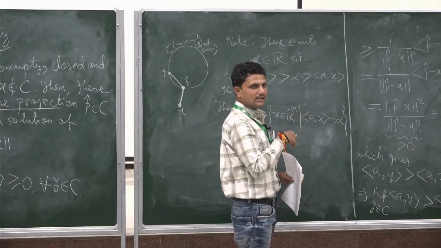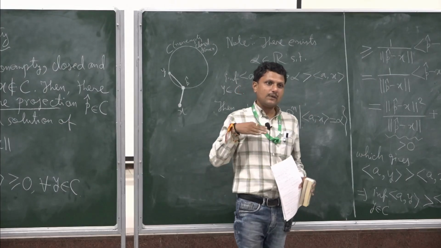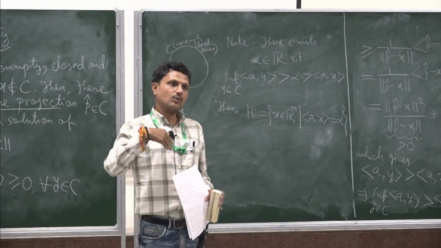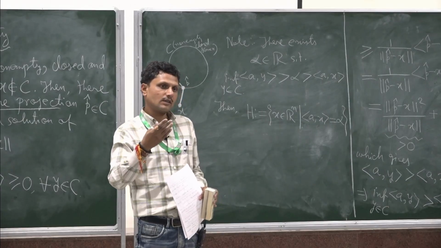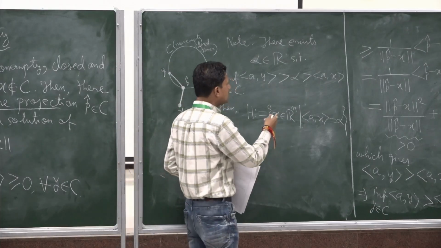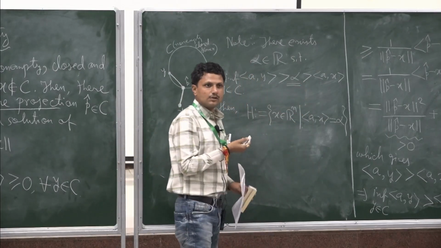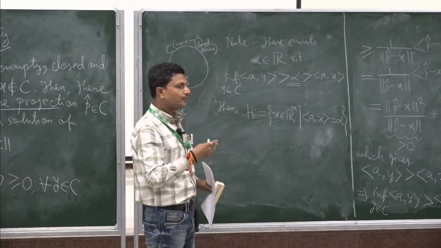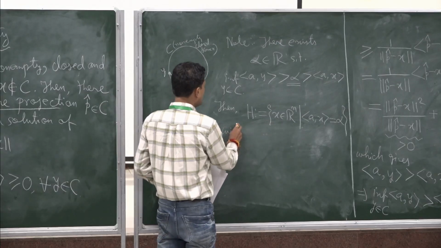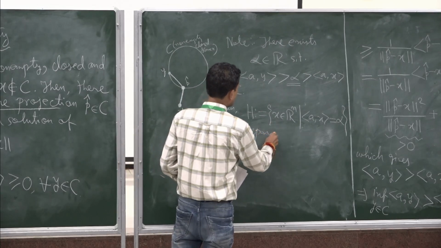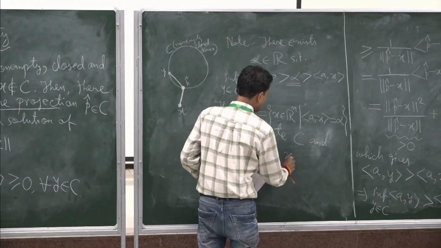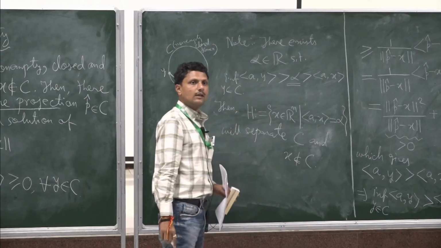So actually A signifies the plane which will separate the set from the point which is outside the set. And for this alpha you can find many alpha in between, it is not unique, right? So you see that this hyperplane will separate the set C and the point x which is not in C, right?